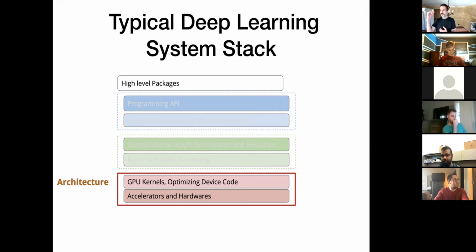How this framework can translate the task that you define in your model into a computational model that can be efficiently deployed on the hardware, the layer below that.